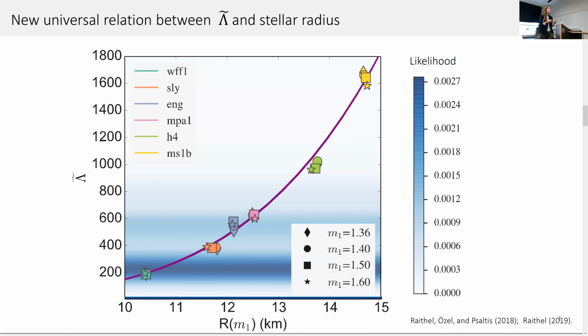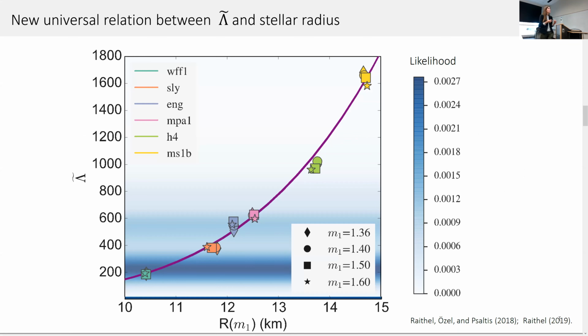So this is a very precise one-to-one mapping that this allows us to do between this binary tidal parameter and the neutron star radius. And so it's really powerful because now we can take the constraints on lambda tilde from the gravitational wave event and directly convert that to constraints on the radius and say that the neutron star radius must be, say, less than about 12 kilometers or so.